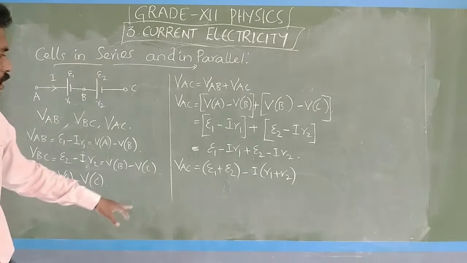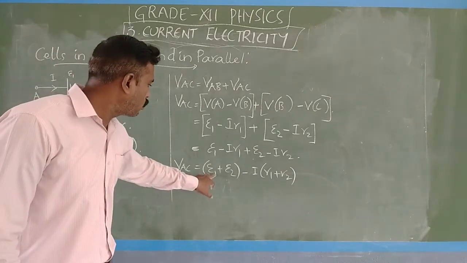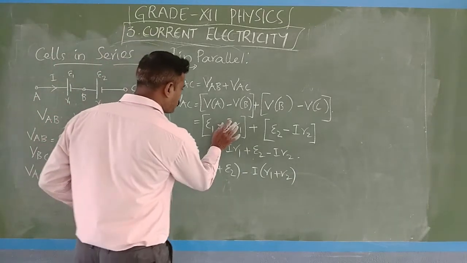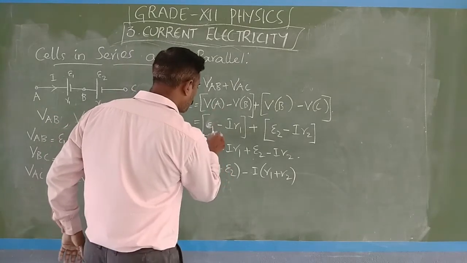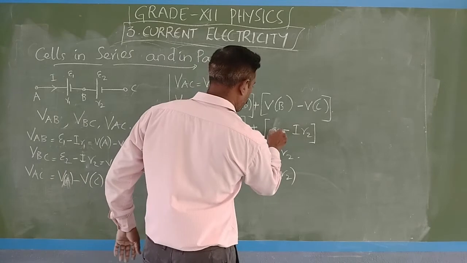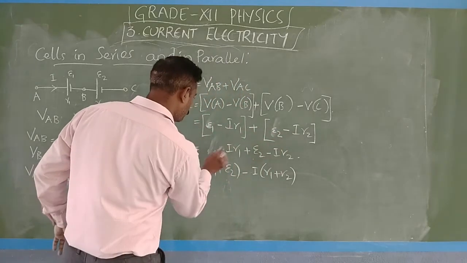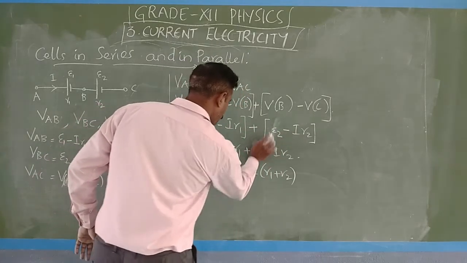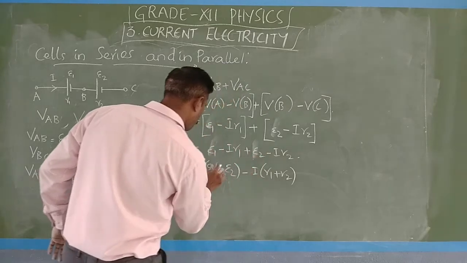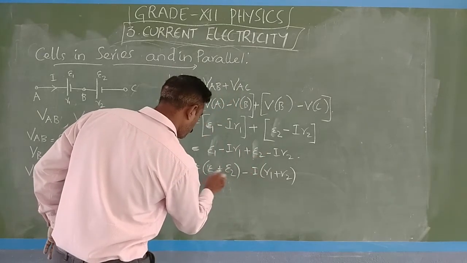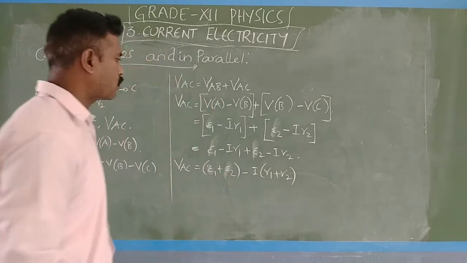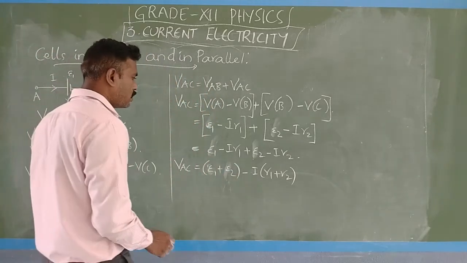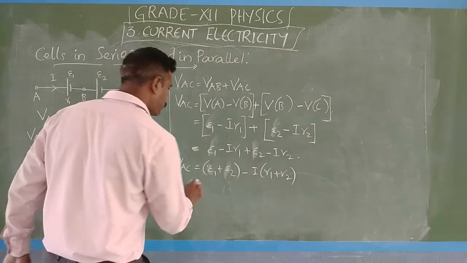So you see the VAC is E1 plus E2, minus I times R1 plus R2. I am writing in small letter, so don't write in so much of big one. You represent the EMF in very small letters, okay, like this. It is just a symbol.